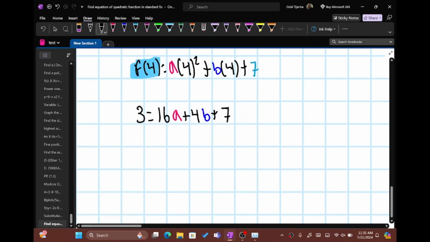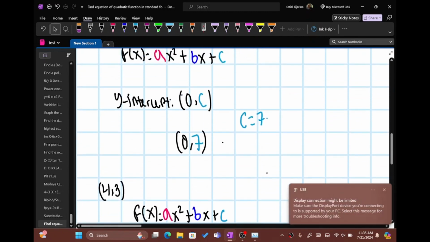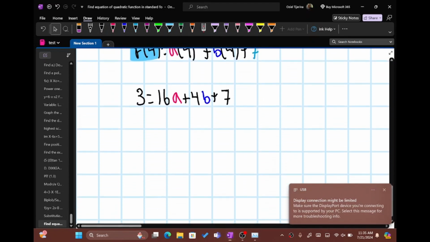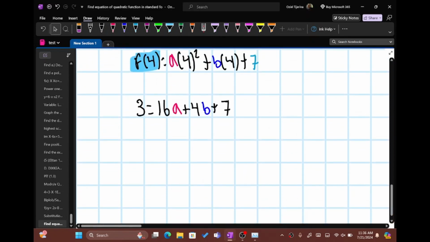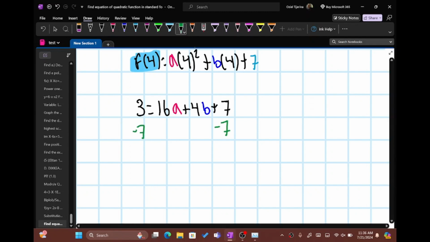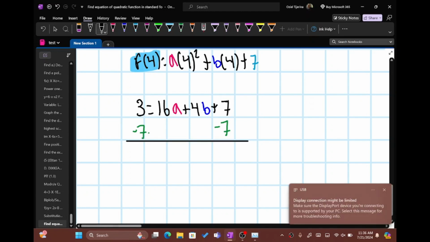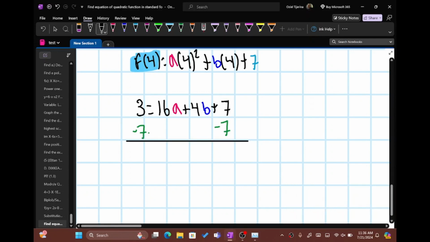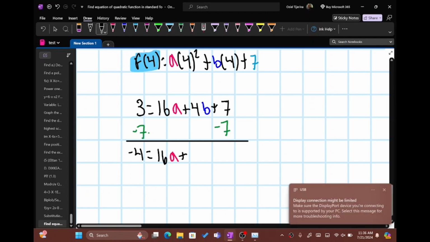Keep in mind that we said c was 7, and we'll put it all together at the end. Here we subtract 7 from both sides, giving us -4 = 16a + 4b.